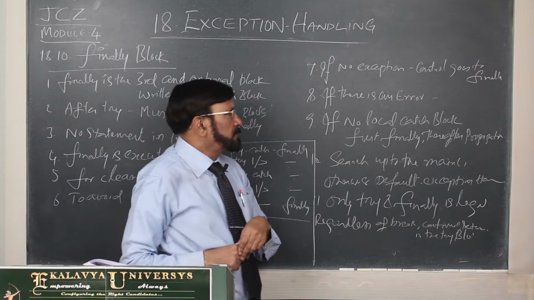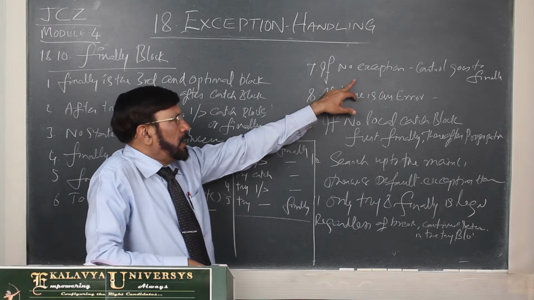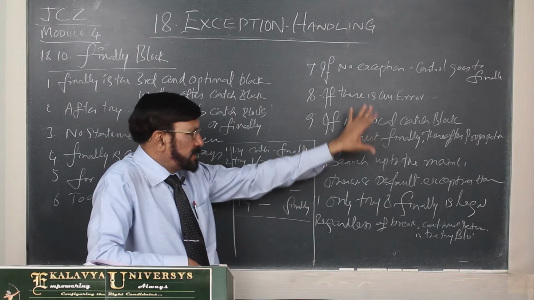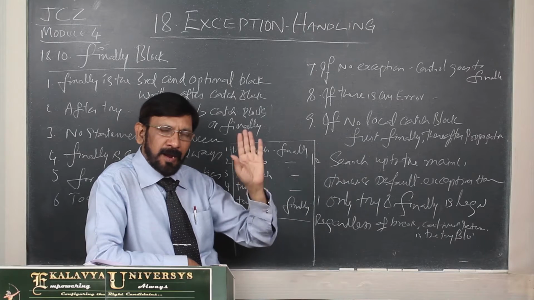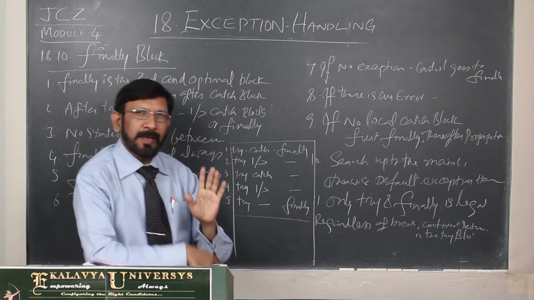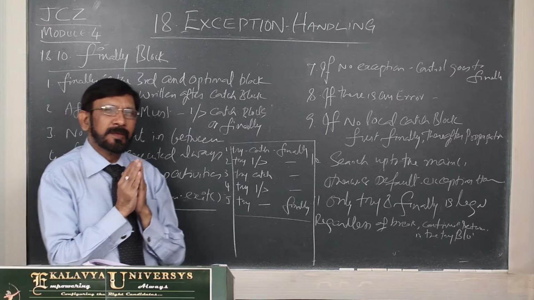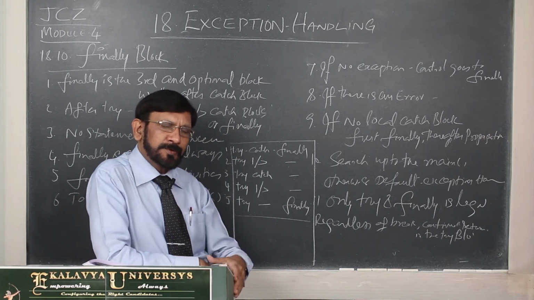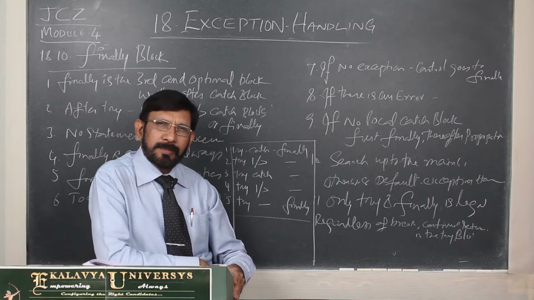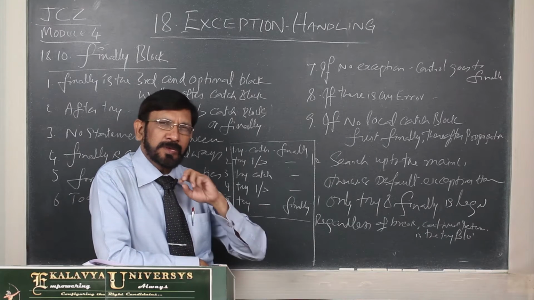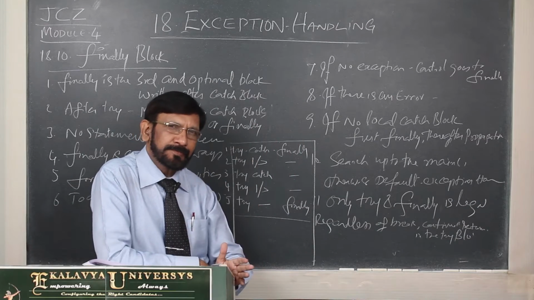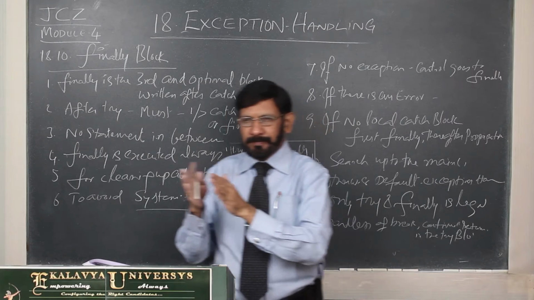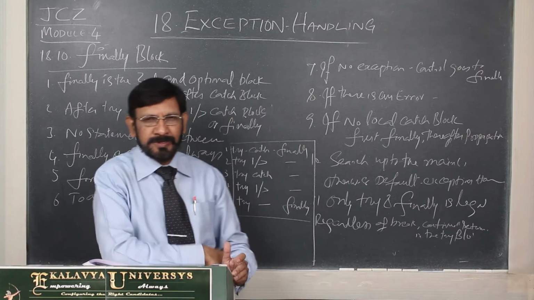Thereafter, the seventh point. If no exception is created, now several options are there that I want to tell you. Focus on that and write your own notes, otherwise you may easily forget. Now, you have written all the exception code in your program, but fortunately no exception is thrown, everything is all right. In such a case, what is the status of finally? That is the question here.